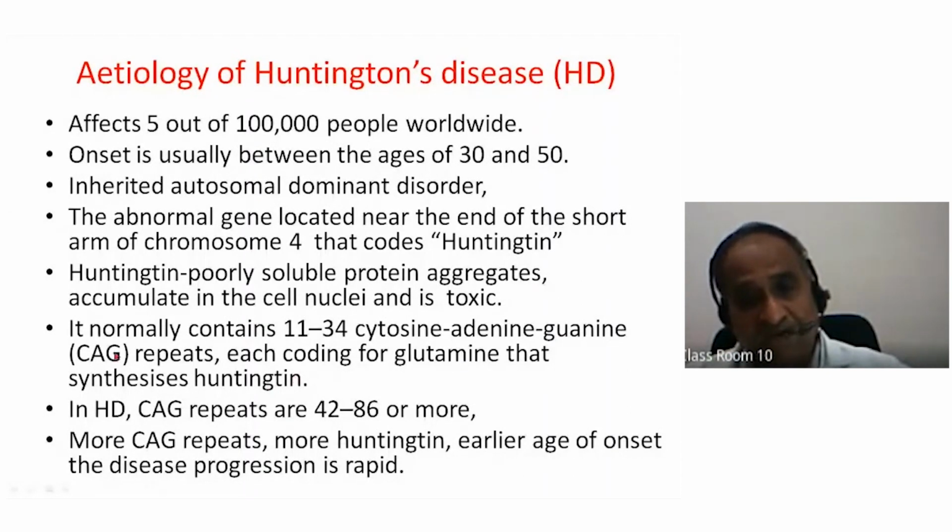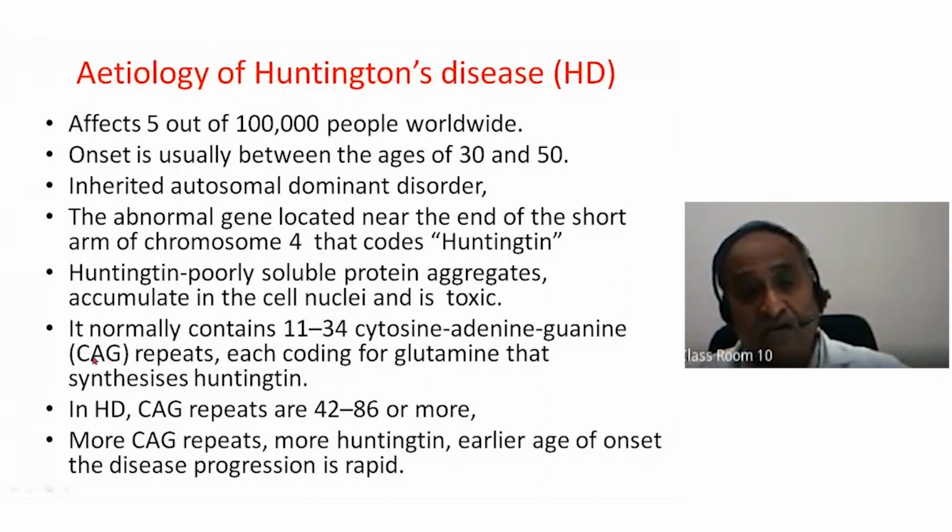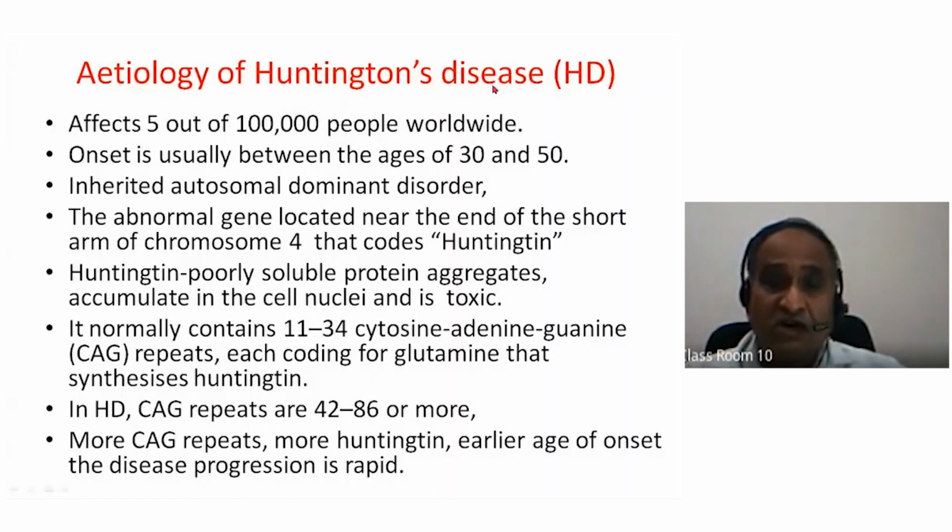So if I go for a genetic analysis and know the CAG repeats, then I can understand whether I will be prone to Huntington disease or not.